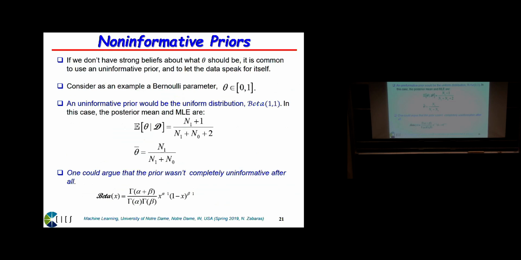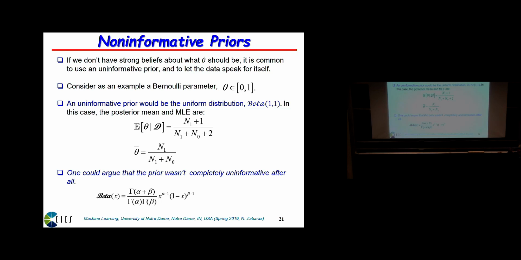So I remind you of the coin tossing problem, and I think this was in lecture 2, all right? So we had the Bernoulli parameter, right? The probability, let's say, of having heads or tails, and at the time I told you the most non-informative prior is a Beta(1,1), which is a uniform distribution.